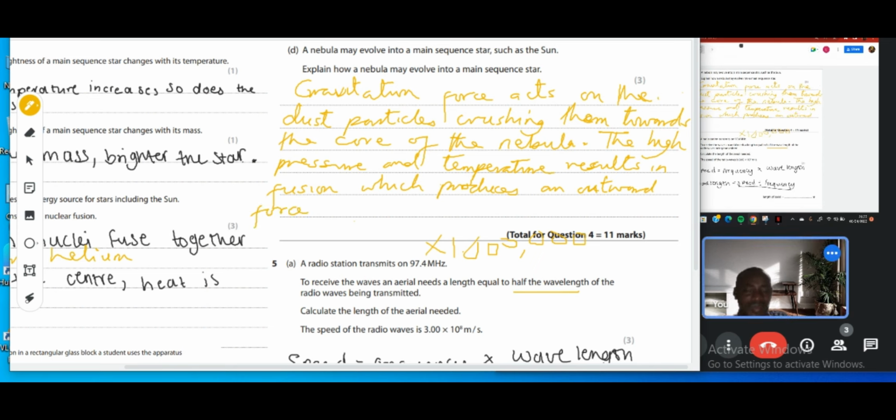Excellent. That's the next point. So gravitational force acts on the dust particles, crushing them towards the core of the nebula. The high pressure and temperature results in fusion, which produces an outward force.